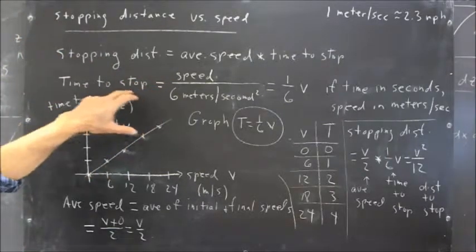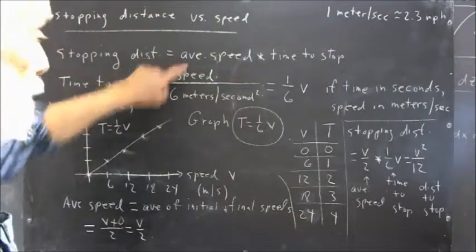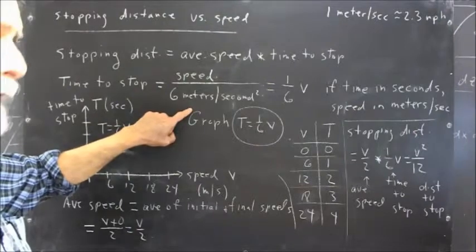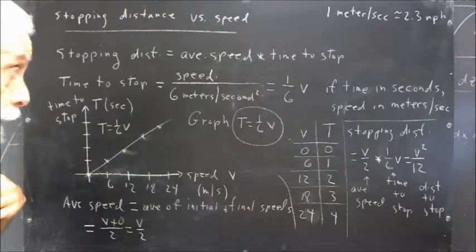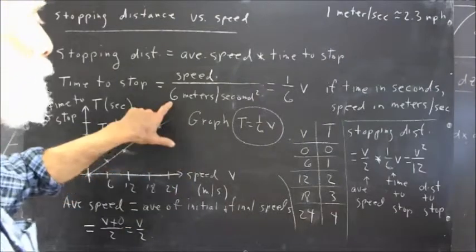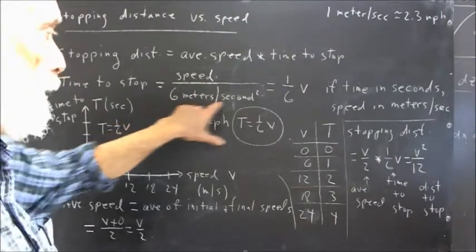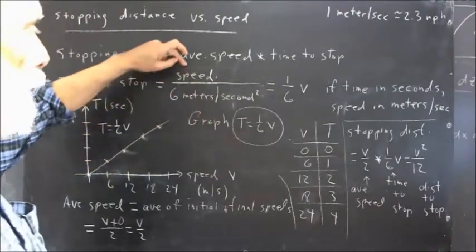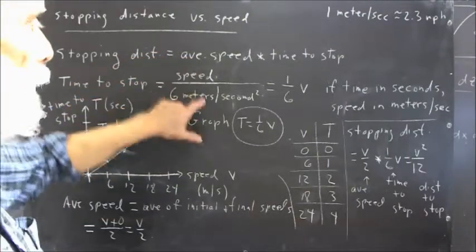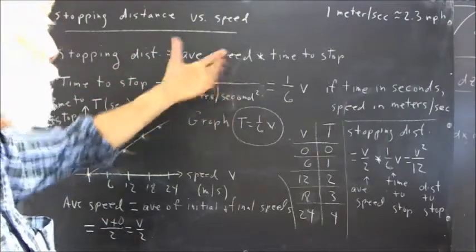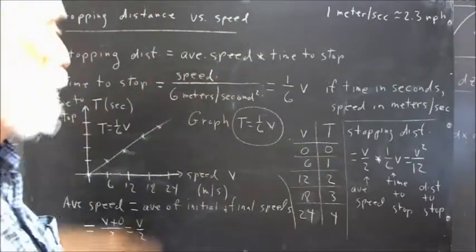In any case, the time it requires you to stop is given by the speed divided by the magnitude of the acceleration. And I'm not being real rigorous about the physics here. The acceleration that you can get in a car on good pavement with good tires is 6 meters per second squared. If you divide that into the speed in meters per second, the meters per second divided by meters per second squared gives you the time to stop in seconds. And if you do the algebra of the units, you can find that.